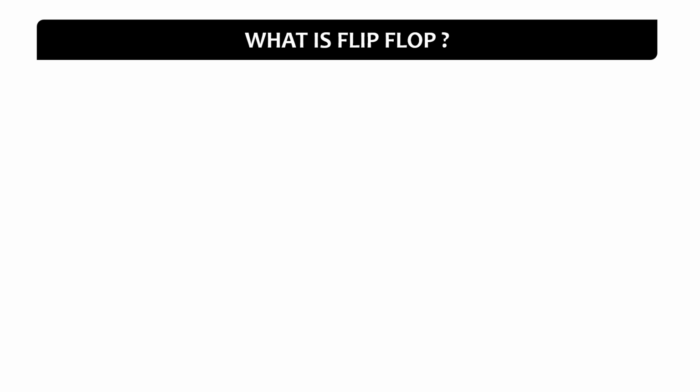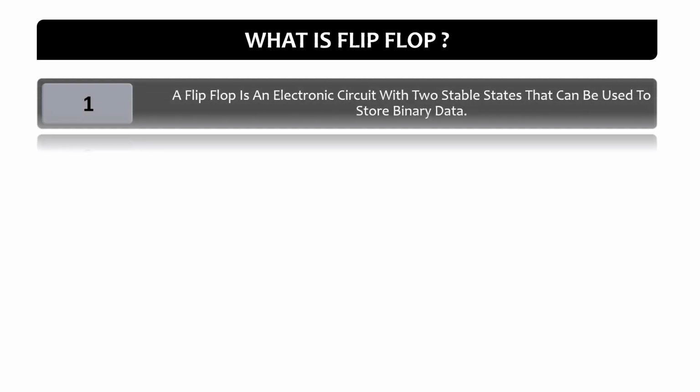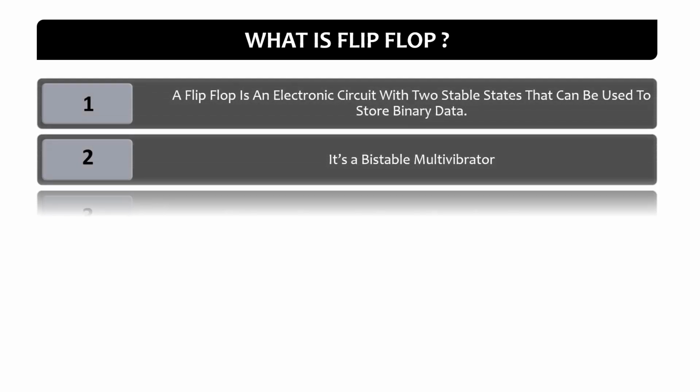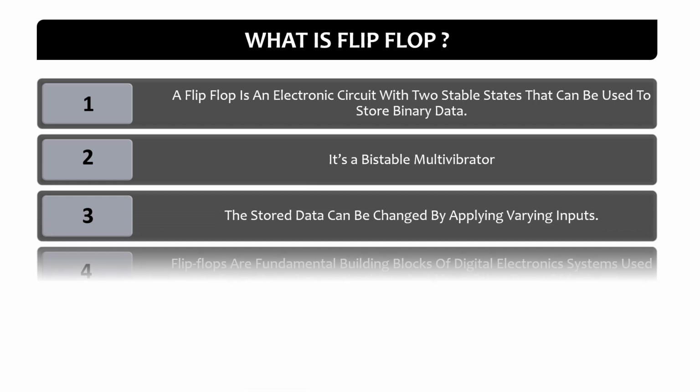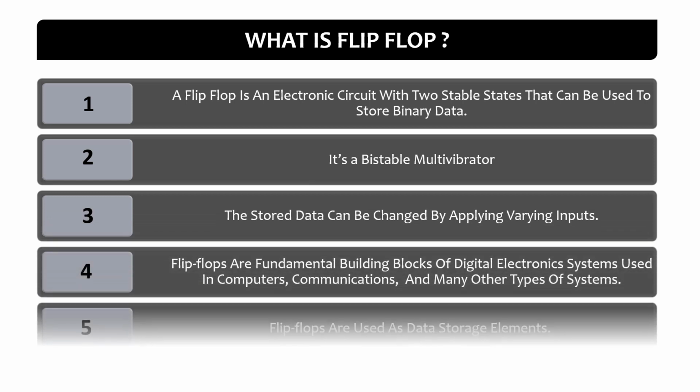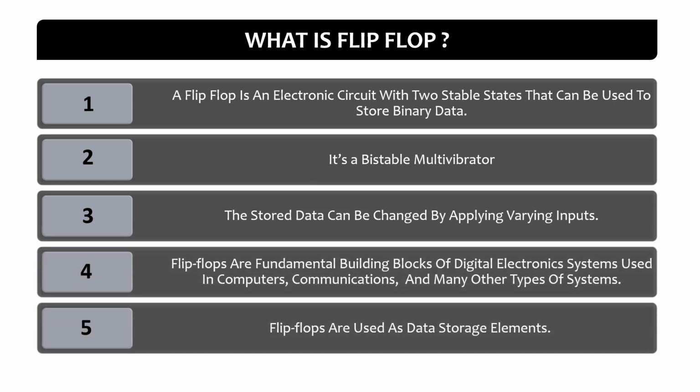Now let's see what a flip-flop is and what its different characteristics are. A flip-flop is an electronic circuit with two stable states that can be used to store binary data. It has two stable states because it can be either in an on or an off state.